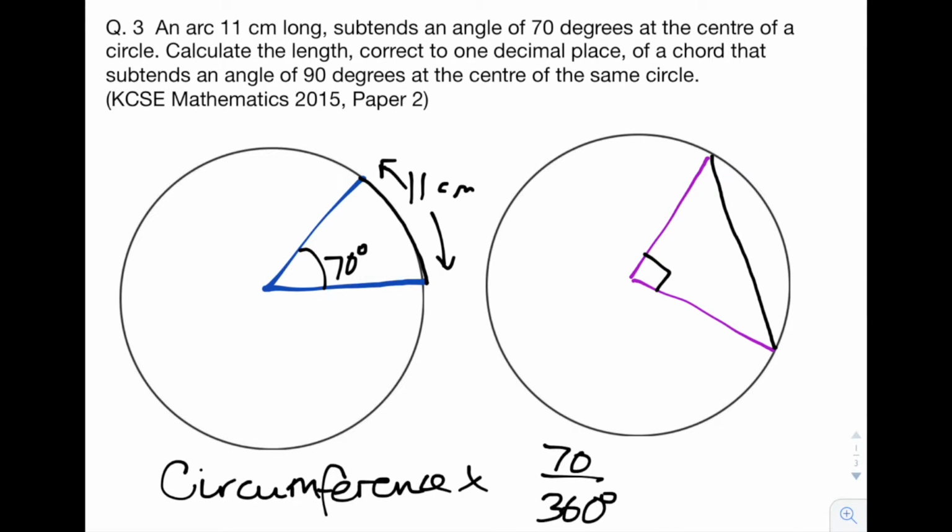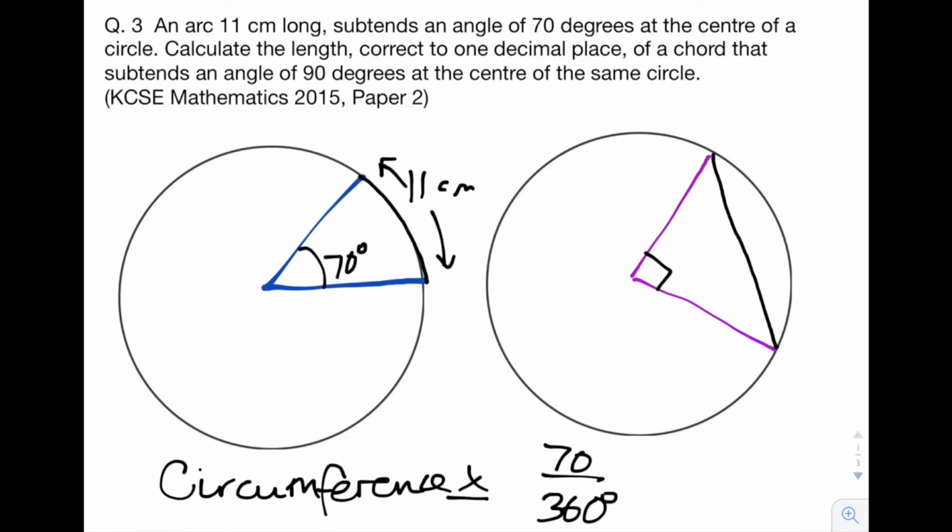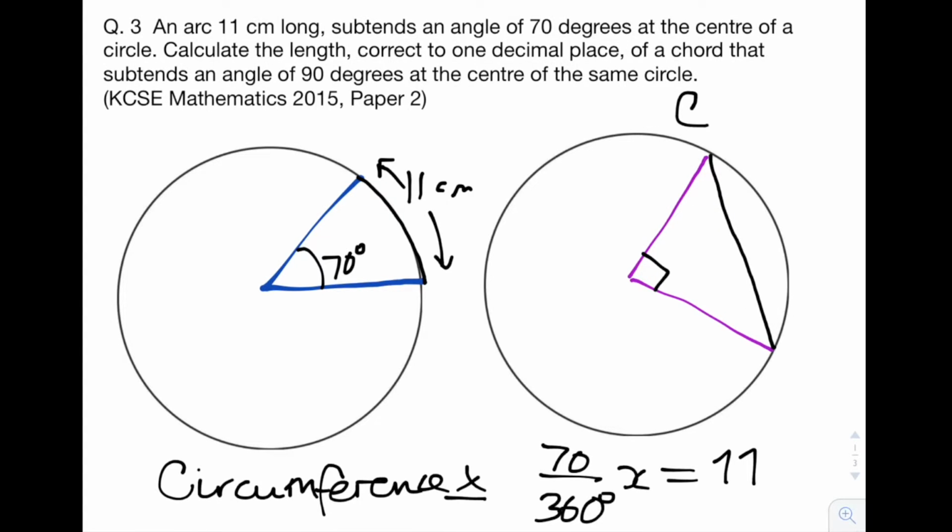So if we're going to represent the circumference of the circle as x, we can write an expression, this portion, 70 over 360 multiplied by x is equal to 11 centimeters, and then we can rearrange this to find x. Once we have found x, which is the circumference of the circle, we can work back using the formula for the circumference c of a circle, which is c is equal to 2 pi r.